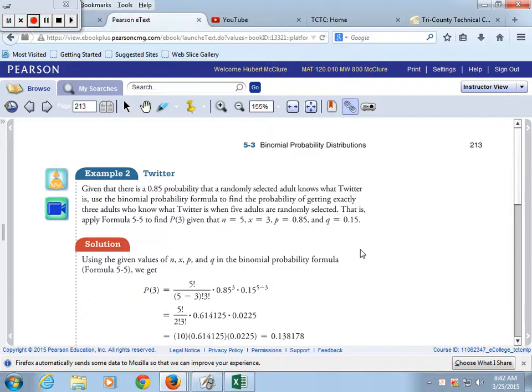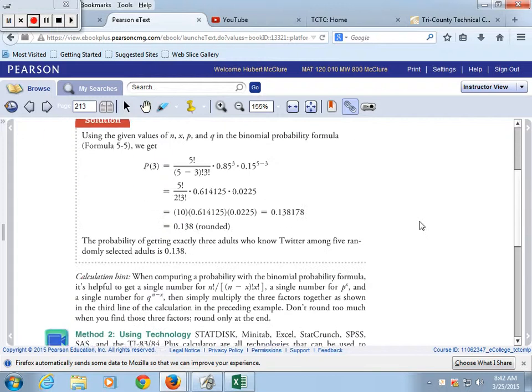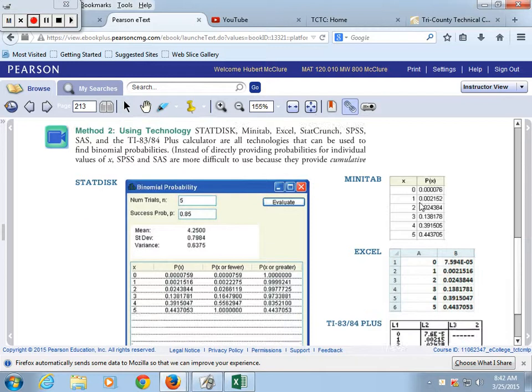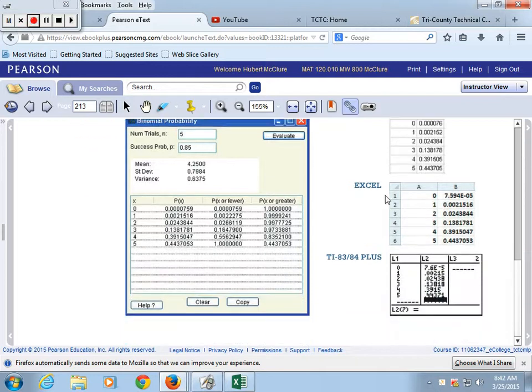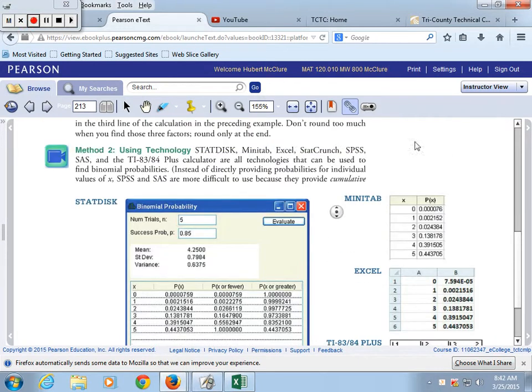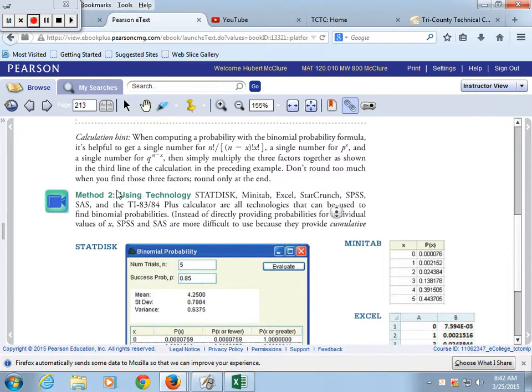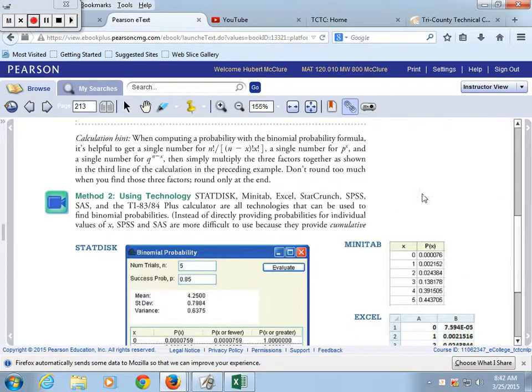But I will tell you how to do it on your handy dandy calculator. If you need it, it's under binomial PDF, which is under second vars. I was going to see if the book tells you, but it should. Let's see if it tells you on the next page.